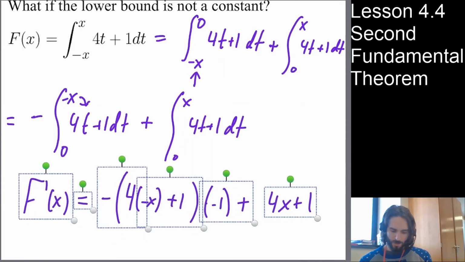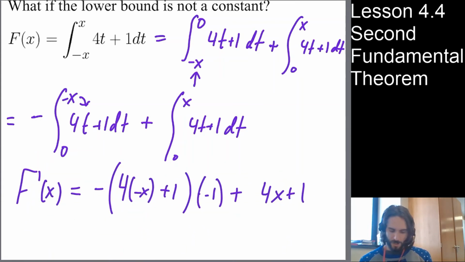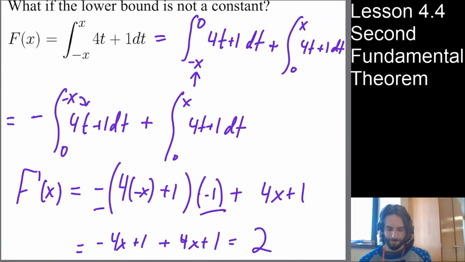And let's squeeze this up a little bit if I can. So this negative 1 and this negative sign can just cancel each other out. So what I have is negative 4x plus 1 plus 4x plus 1, and this just comes out to 2. All right.